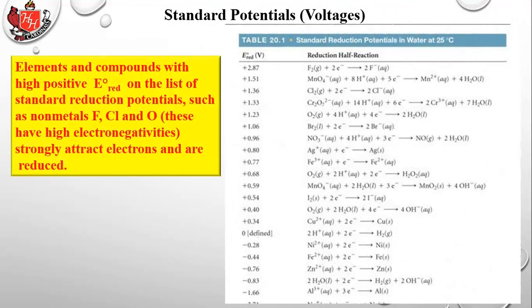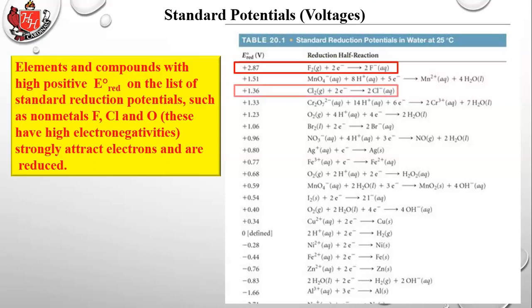So elements or compounds with high positive standard reduction potentials on the list that you see there on the right, such as the nonmetals fluorine, chlorine, and oxygen, have high electronegativities. So they strongly attract electrons. We know that from studying the electronegativity and the ionization energies of atoms earlier in the course.